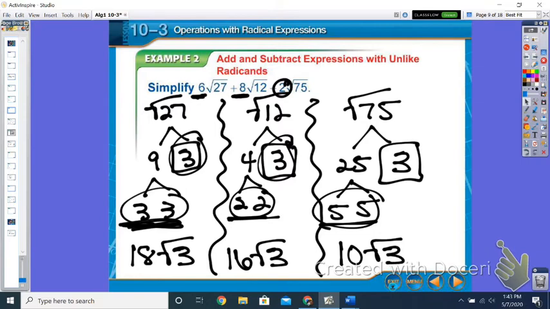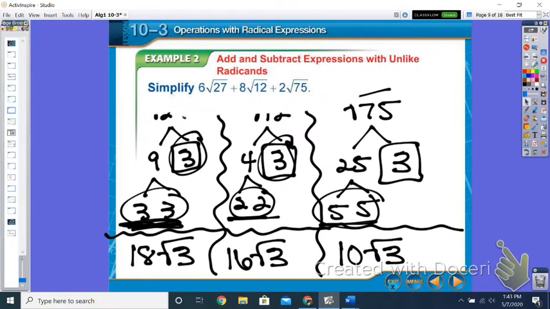So now, if we look at what we have down there, our simplified terms, they actually are all like terms, because now they all have that square root of 3 with them, even though it didn't look like they were alike in the beginning. So now we can combine them.